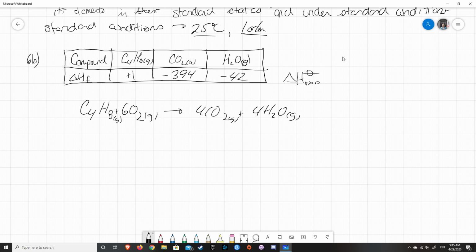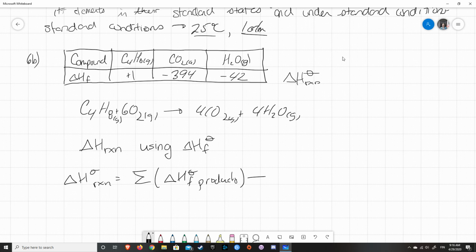To calculate the delta H of reaction, this is like what we did yesterday: delta H of reaction using delta H of formation. How to do that is that our delta H naught of reaction is equal to the sum of delta H of formation of your products minus the sum of the delta H of formation of reactants.